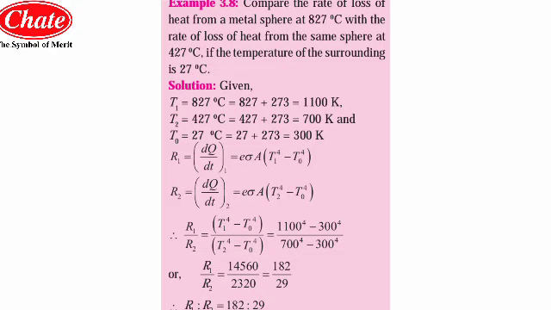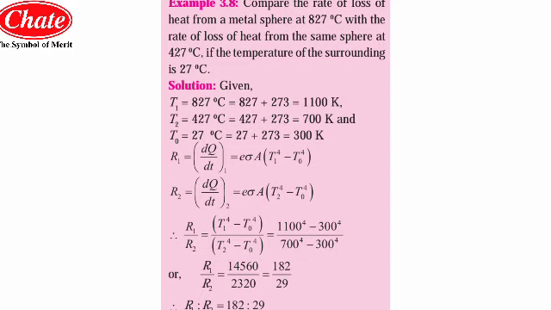So first of all, we will calculate R1. dQ by dt is equal to E into sigma into A into bracket T1 raised to 4 minus T0 raised to 4. In a similar way, we will use the formula for the rate of heat loss when the temperature was 427 degrees Celsius. R2 is equal to dQ by dt is equal to E into sigma into A into bracket T2 raised to 4 minus T0 raised to 4.